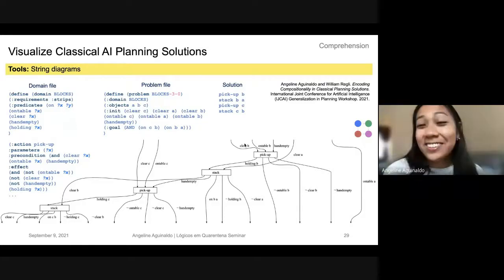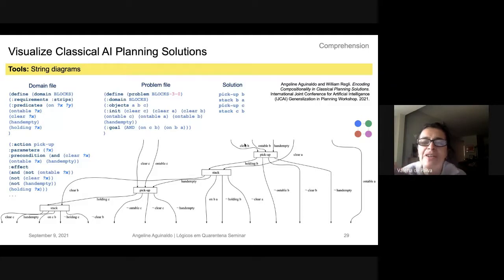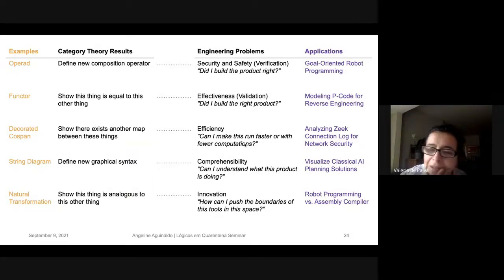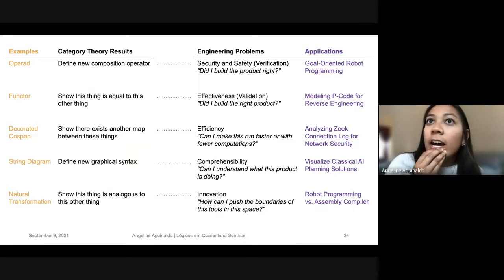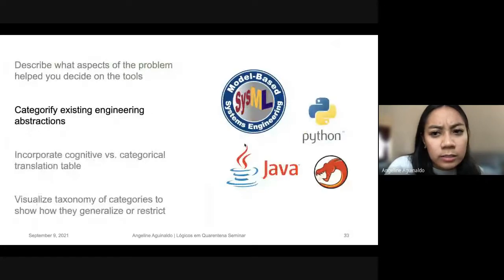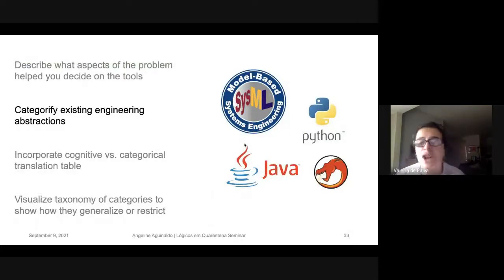No, that's okay. Well, you did say something about that, Angeline. You kind of go back to the slide that has the five things side by side. Didn't you say something about categorifying software? I think I saw somewhere categorifying the software engineering concepts. Well, yes, categorifying existing engineering abstractions, right?